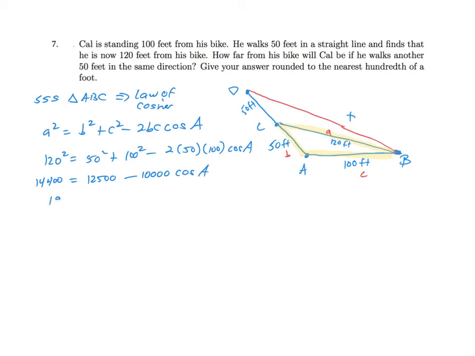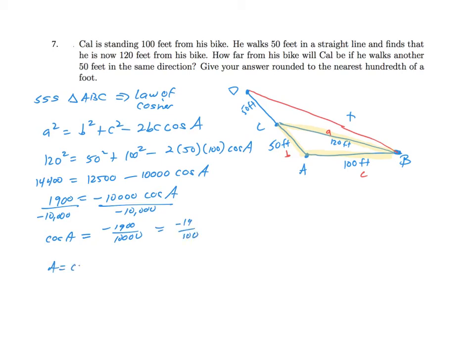That'll leave us with 1,900 is equal to negative 10,000 cosine A. Next, we have to divide both sides of the equation by negative 10,000 to isolate cosine A. And then we'll have cosine A is equal to negative 1,900 over 10,000. And that simplifies to negative 19 over 100.